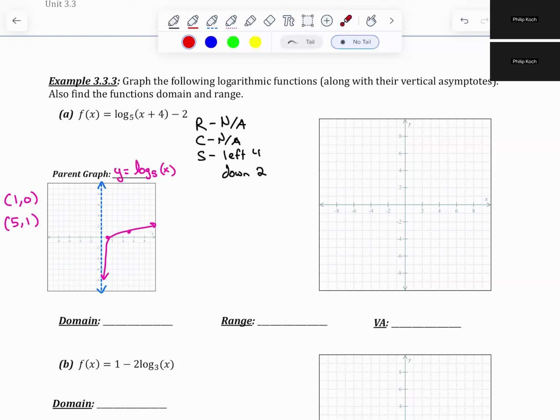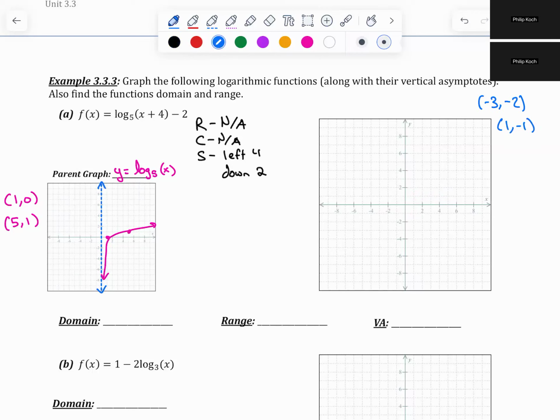So we'll take that point (1, 0) and shift it left 4, 1, 2, 3, 4, and down 2 to the point (-3, -2). And then we'll take the point (5, 1), move it left 4, so 1, 2, 3, 4, and then down 2, 1, 2, to the point (1, -1).